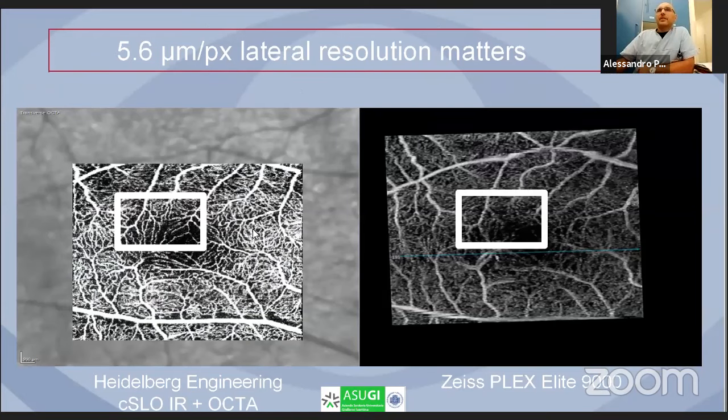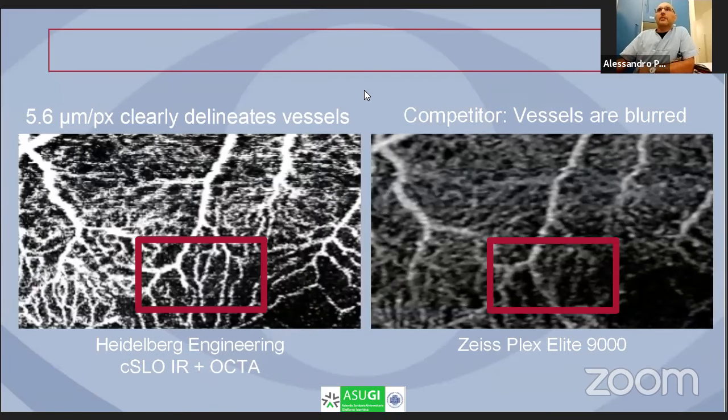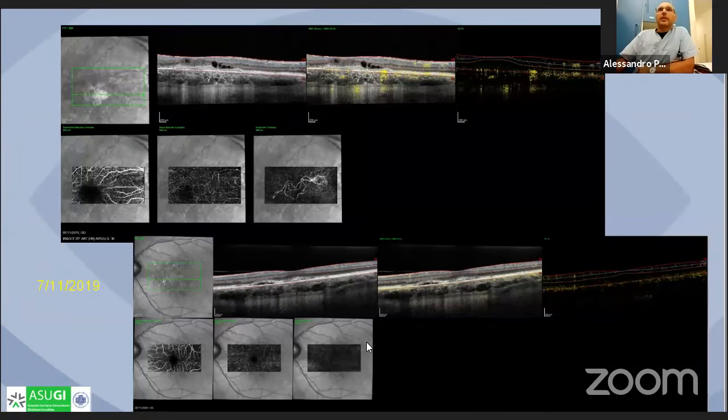And this is an example of the resolution with the Heidelberg at the moment compared with the Zeiss Plex Elite 9000. We need to say thanks to Heidelberg for this type of images. You can see that if we compare Heidelberg with a competitor that is a swept source OCT, the Zeiss Plex Elite, you have a really high resolution also of the smaller vessels of the retina.